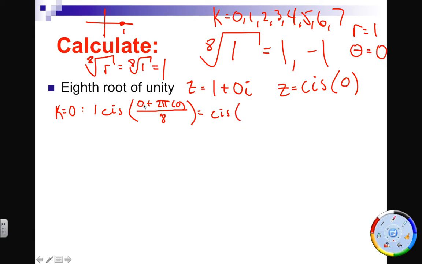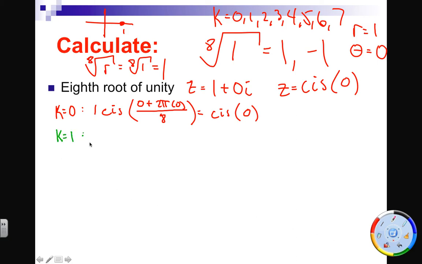If we were to simplify this, 0 plus 2 pi times 0 is 0, over 8 is 0. So CIS of 0. Notice CIS 0 is what we started with. Well, we said one of the answers is itself. So there's 1. Let's try number 2.